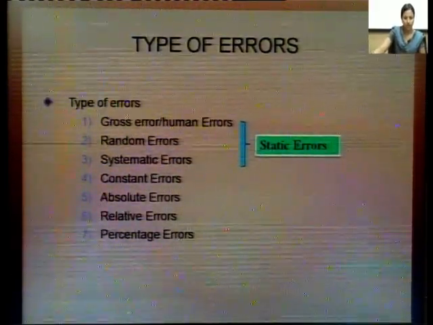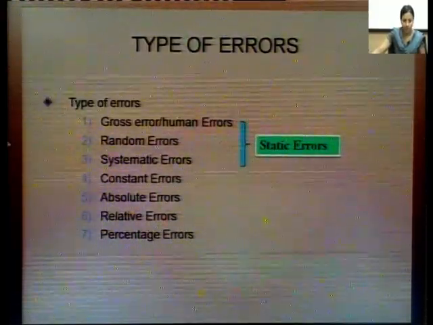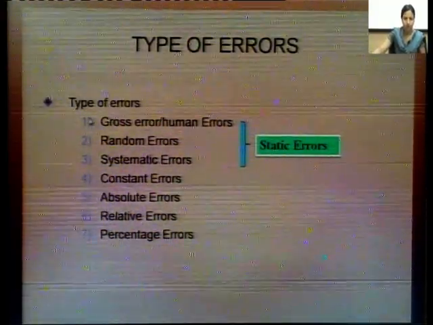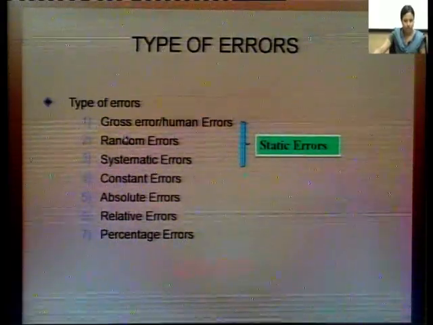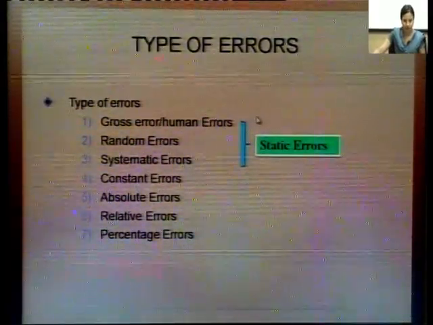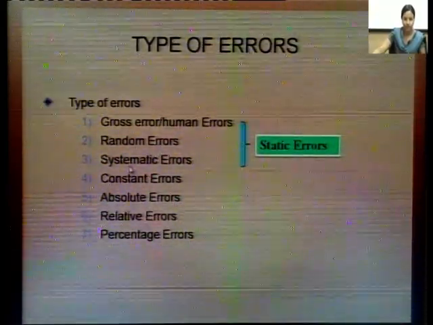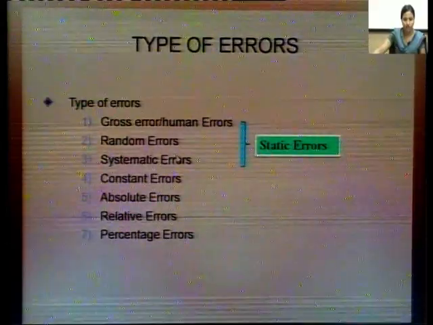Next we come to the next point, that is types of error. There are different types of error, you know all these. First error is gross error, or we may call it human error. Second type is random error. Third type is systematic error.